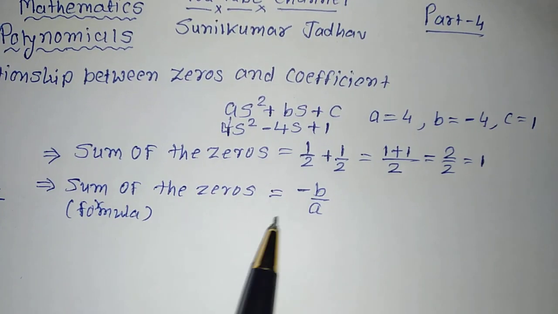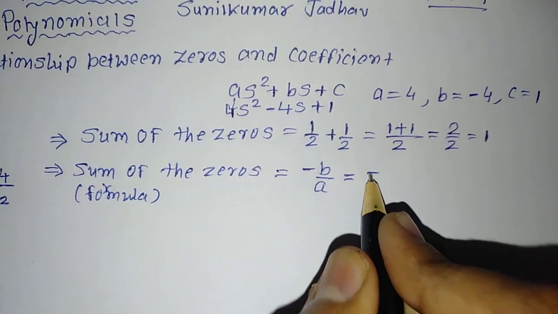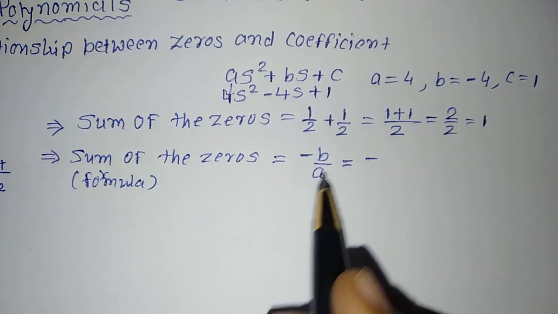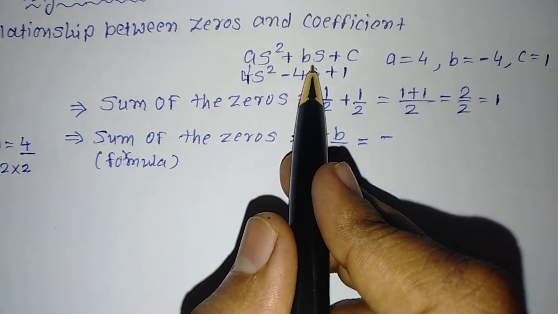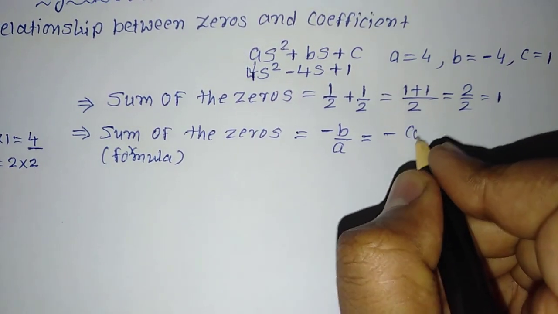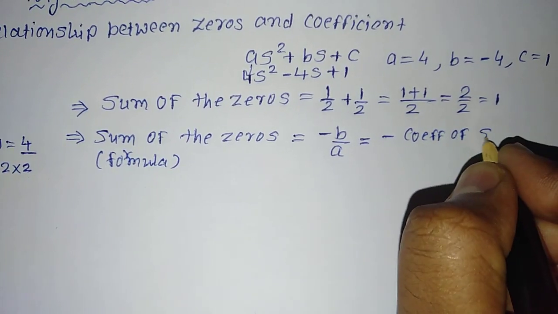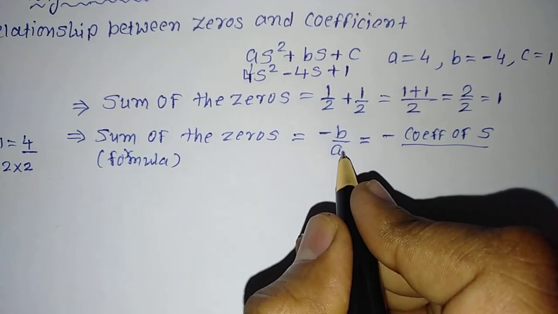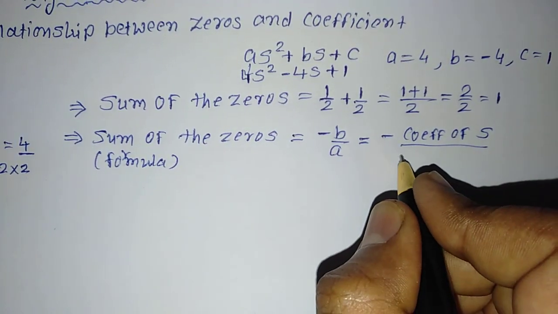Now the sum of the zeros, the formula we have written, minus b upon a, or we can say minus, what is b? B is the coefficient of s here, so minus coefficient of s upon a. What is a? A is the coefficient of s square.